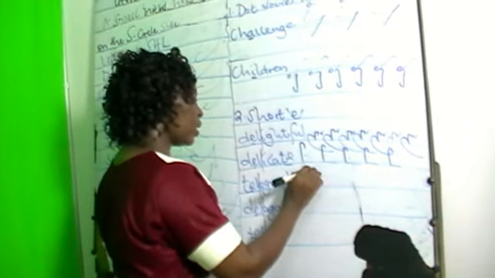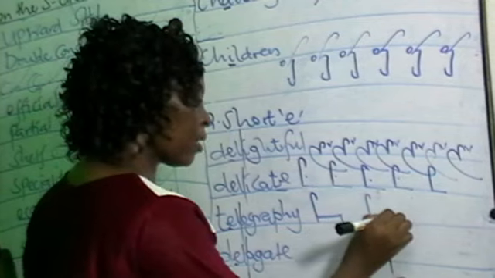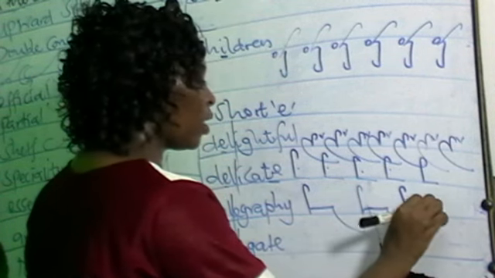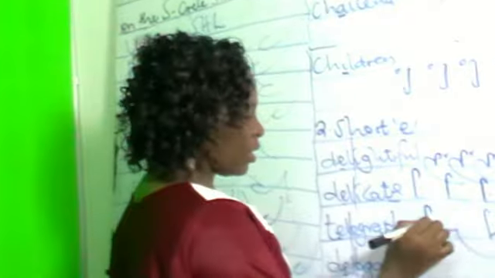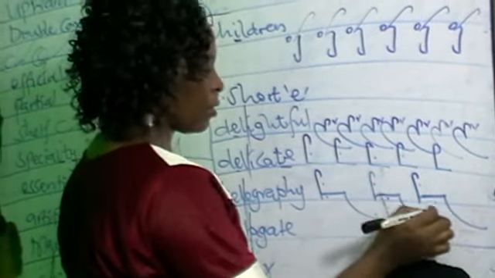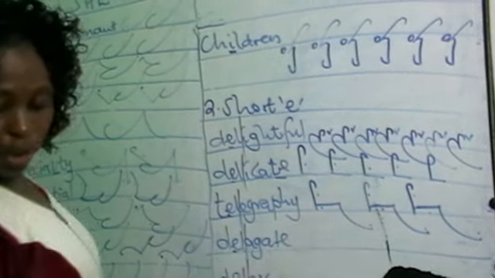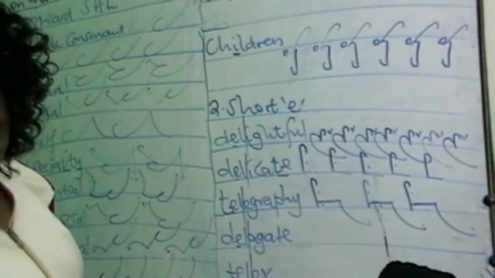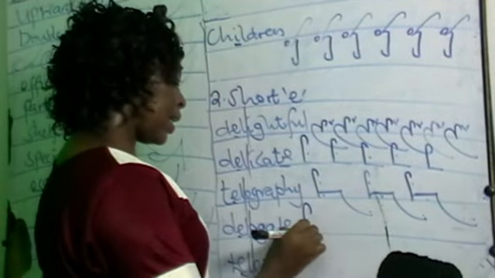Then we have telegraphy. A stroke of T hooked for L, a stroke of G hooked for L, and a stroke of F. Telegraphy. When you look at that, the first short a is omitted, and then we have the word delegate.